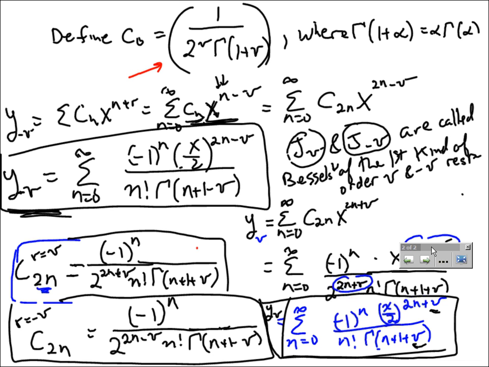So basically, just find out what v is in a differential equation. Find out what r is in a Bessel differential equation, and then you have the two answers. Just write down this answer and plug in the real number for r when r is negative v.